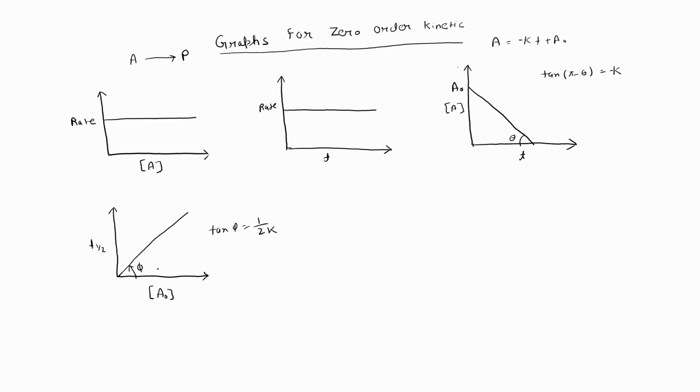So the slope of this line will be 1 by 2k. If we know the graph of T half versus initial concentration of reactant, then from that graph we can find the rate constant, because the slope will give you 1 by 2k.